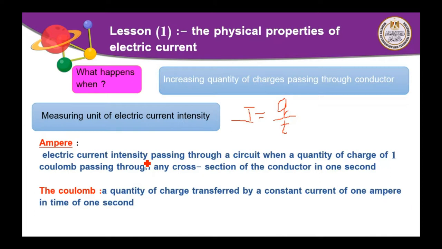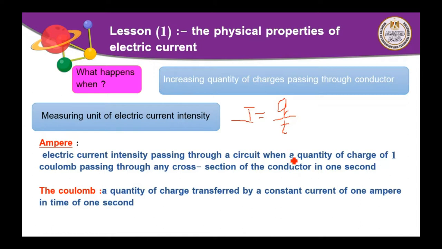So ampere is electric current intensity passing through electric circuit when the quantity of a charge equal 1 coulomb passing through any cross-section area of the conductor in 1 second. This means that 1 ampere equal 1 coulomb per second.